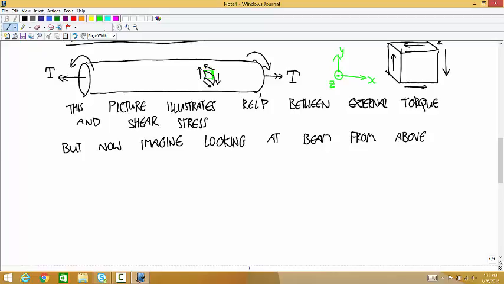So now in your coordinate system, you have the y-axis pointing towards you, the x-axis this way, and the z-axis this way. And your stress element is like this.